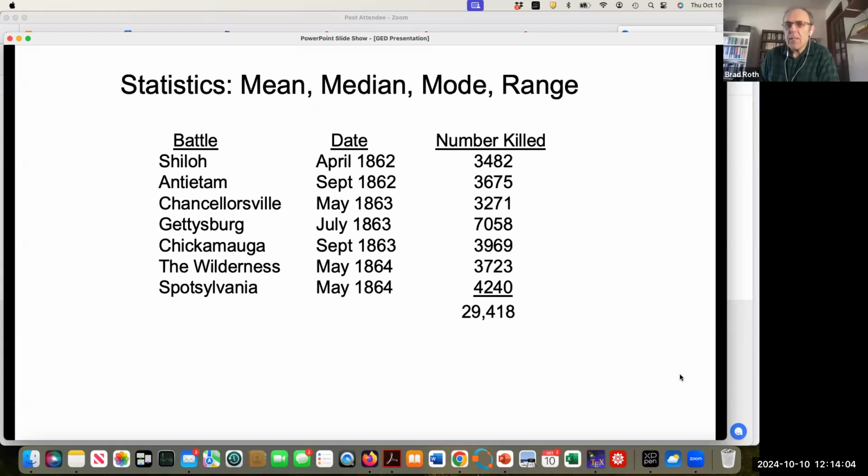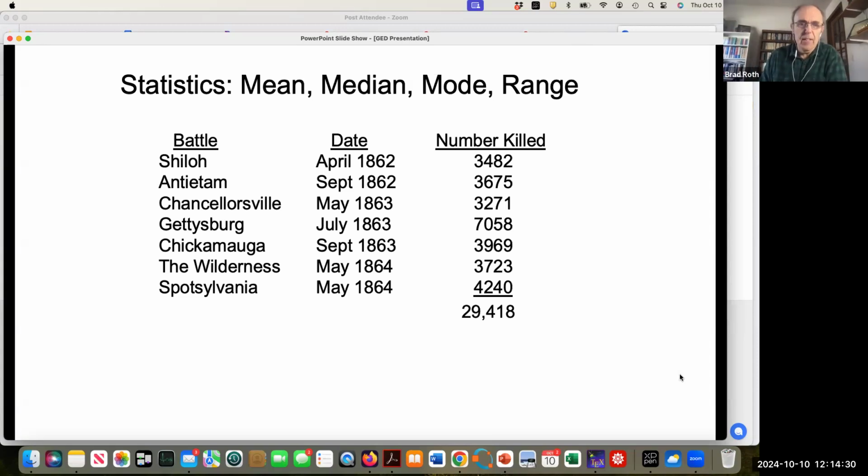But sometimes you want to do some statistics. And when the GED talks about statistics, even on the math part of the GED, they're really talking about 4 quantities: the mean, the median, the mode, and the range. So what if we were asked for the mean of the number of people killed in each battle?